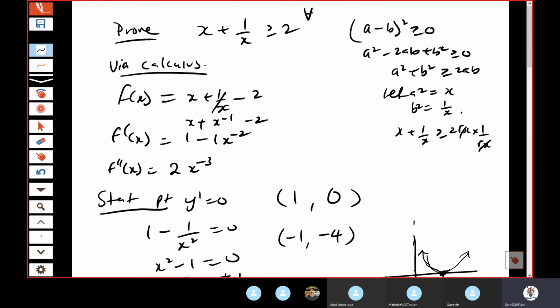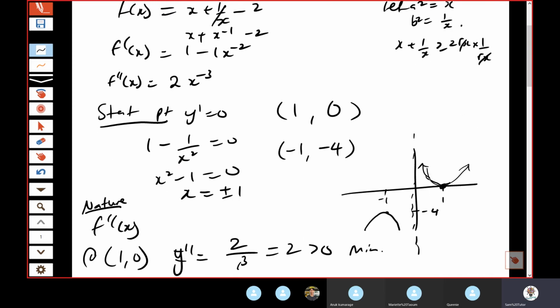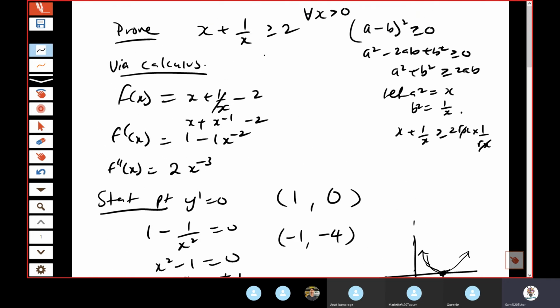It would work for all x greater than 0, as we can probably see, because there's going to be an asymptote there. You're going to have a left side and a right side. It won't work for all x because x can't equal 0 anyway. So it's for all x greater than 0.